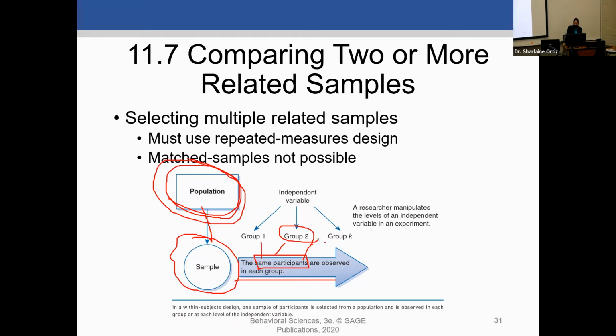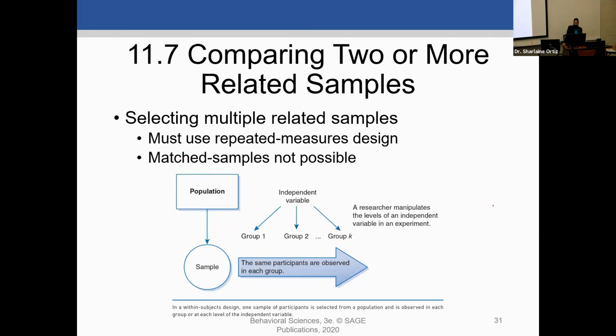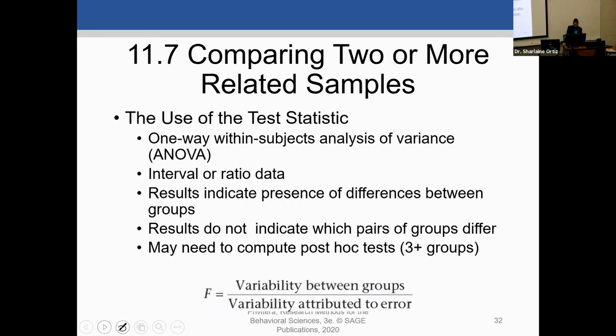So you are indeed observing the same individuals. Again, your responsibility as a researcher is to manipulate said levels of that independent variable and ensure aspects of control as well, if we are referring to an experiment. Any questions so far? Good deal.